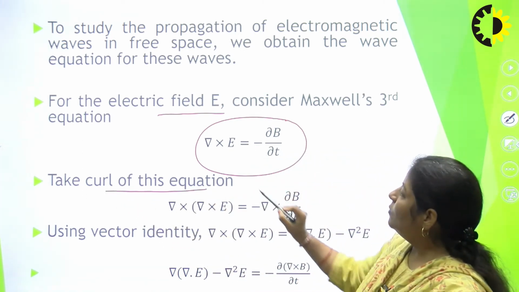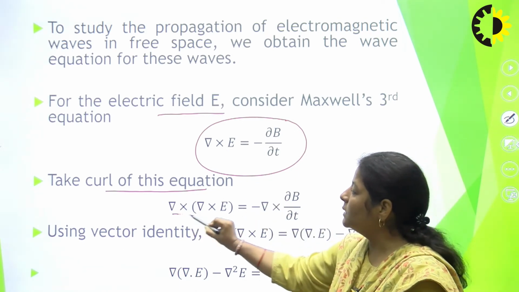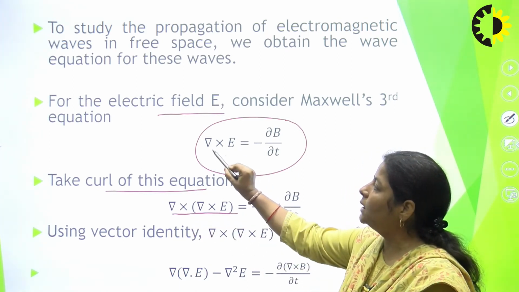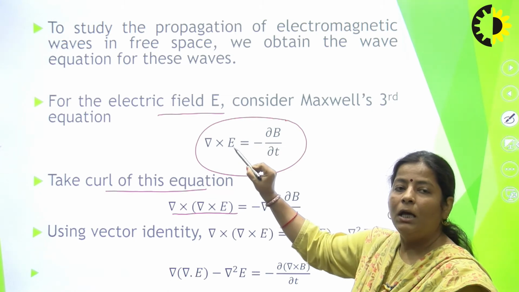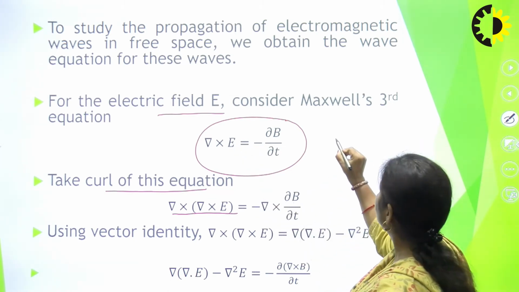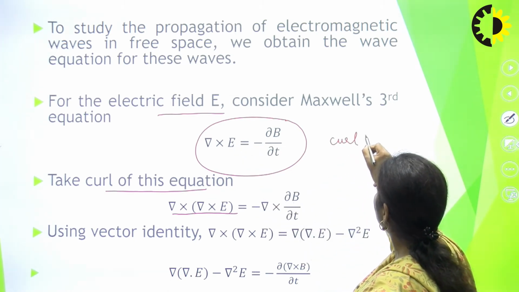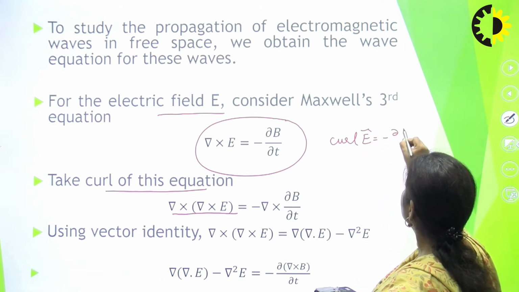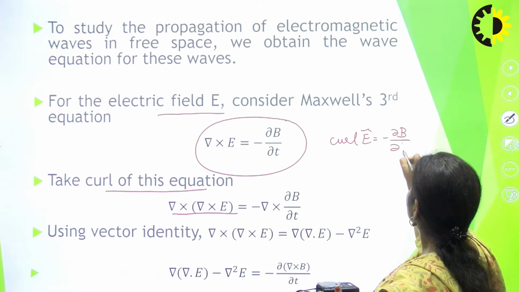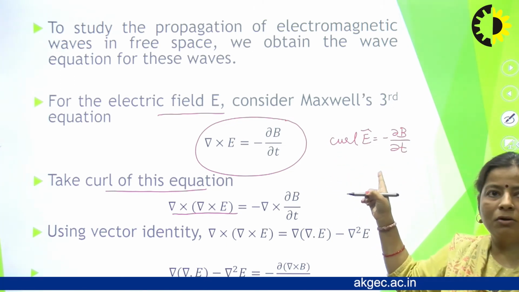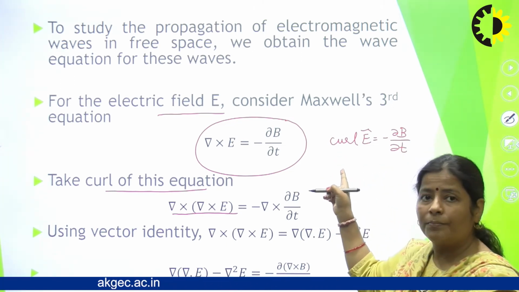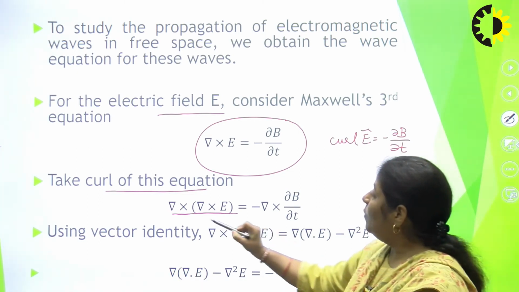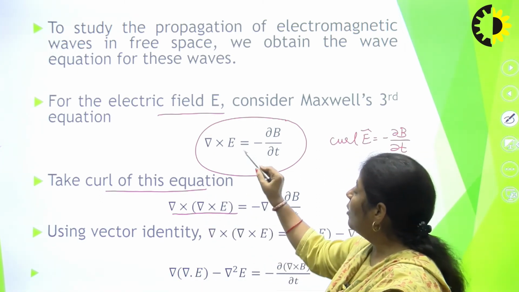The operator del cross a vector is known as curl, and that is the meaning of curl. So curl of E is like this.